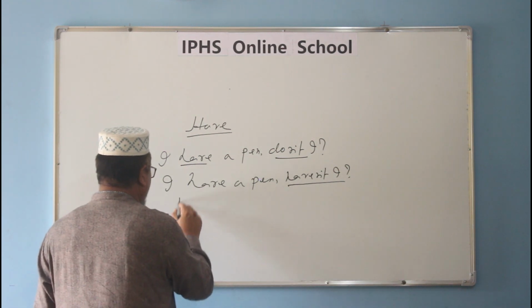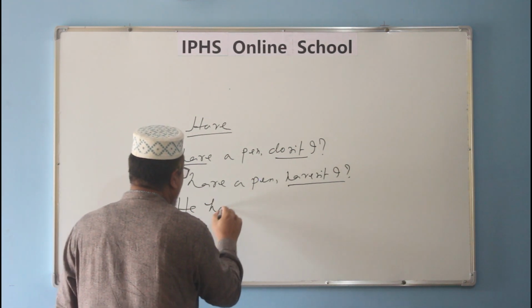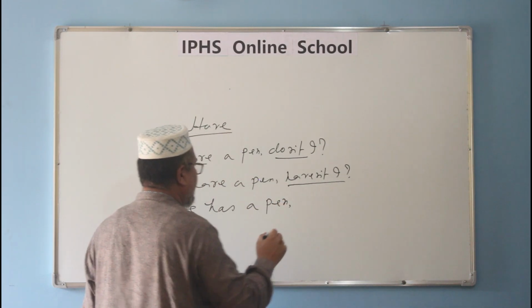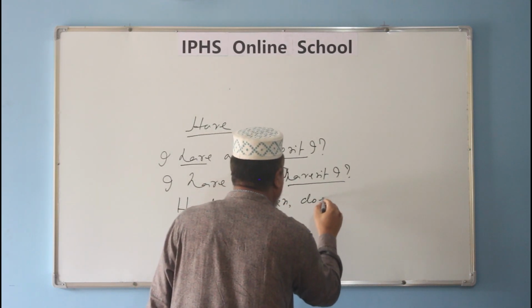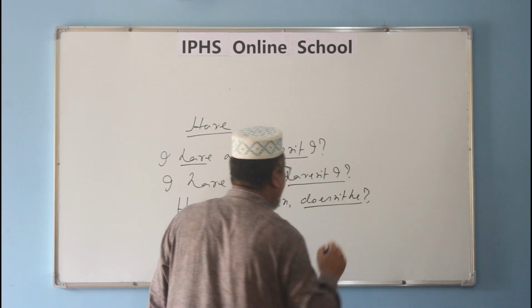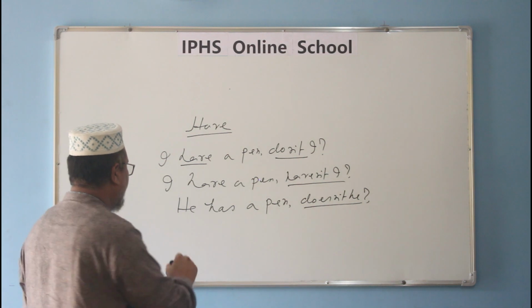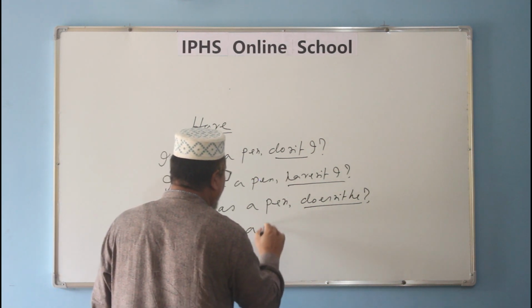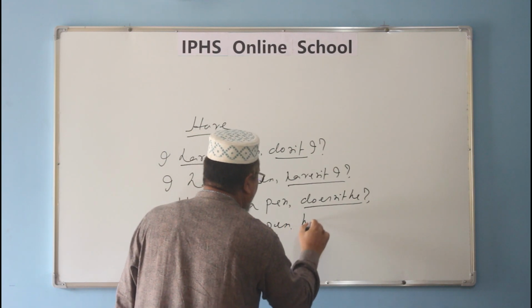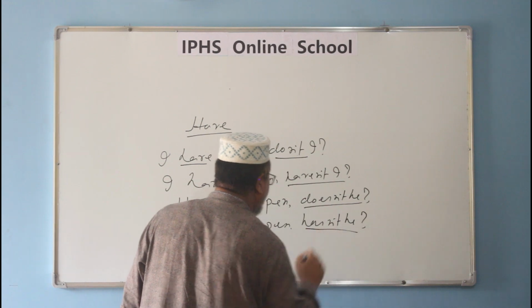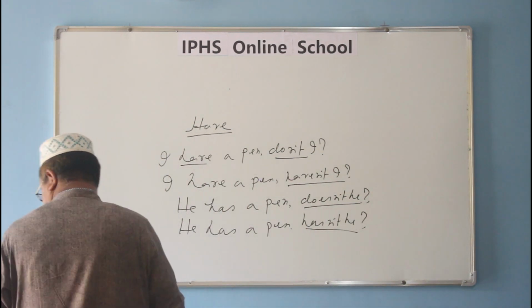Now, he has a pen. We can write, doesn't he? This is American style. He has a pen, hasn't he? This is British style.